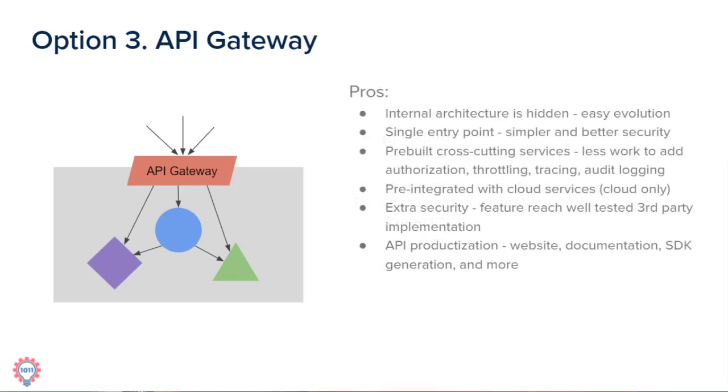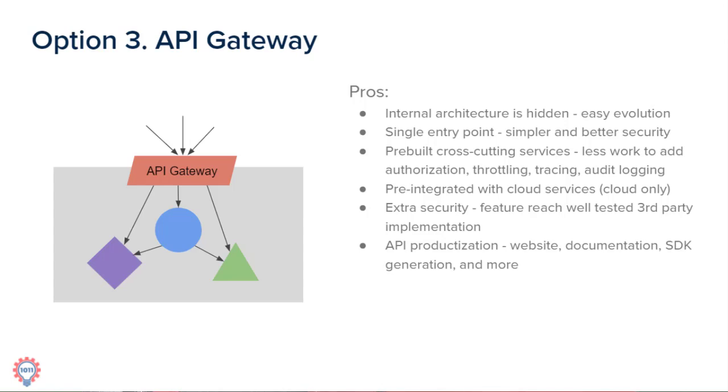There are a number of pros to using API gateways. Similar to facades, they will protect your internal design and it will make evolution of your system a lot easier. You will have a single entry point into your system, and API gateways are very good at providing cross-cutting concerns like security, logging, throttling, tracing, and others.